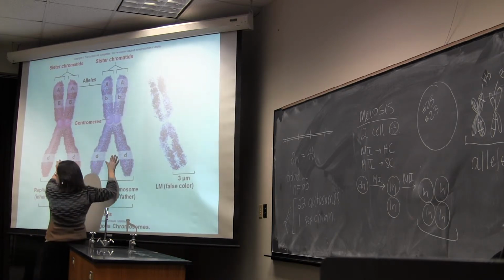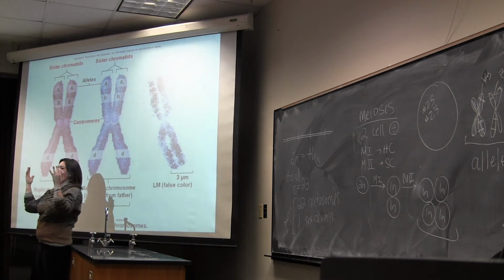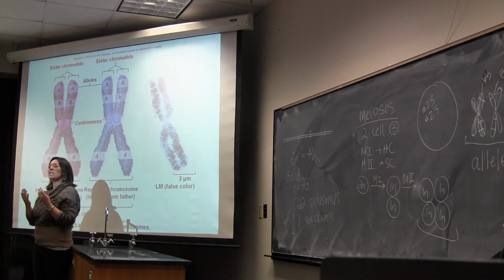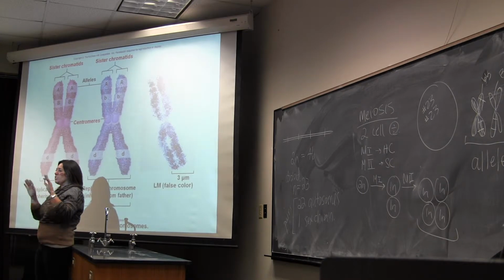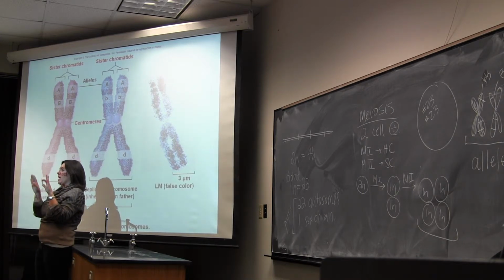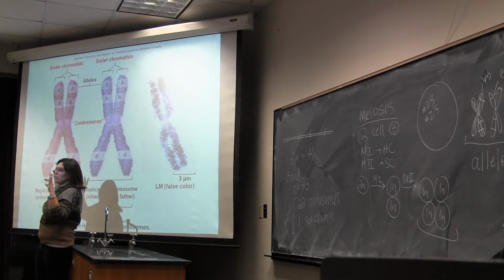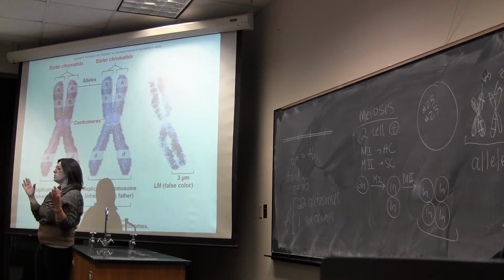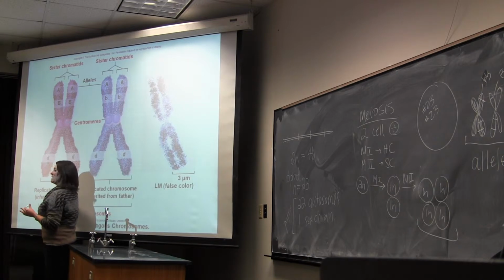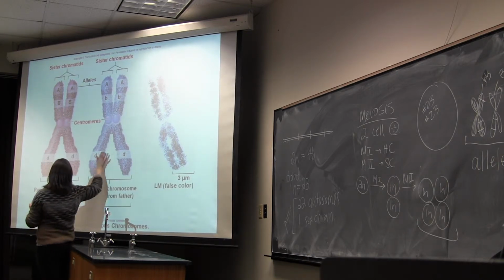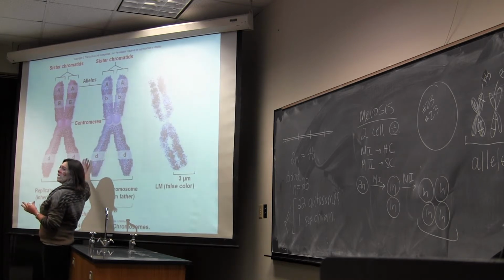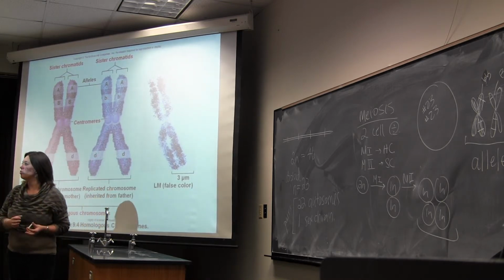They're both homologous chromosomes, but they're not genetically identical, because they're going to be a little bit different. Mom might have brown hair, and dad might have blonde hair. Still the same gene, just different versions of the gene. So sister chromatids are exactly the same. These 2 are identical, and these 2 are identical, but this one and this one are not identical, because it's from a different source.